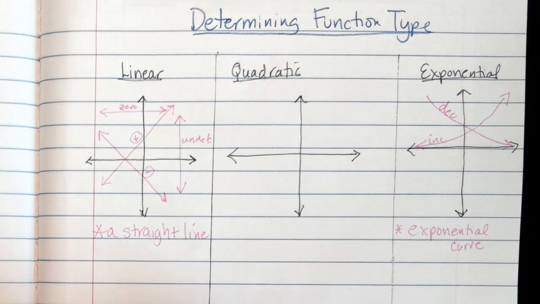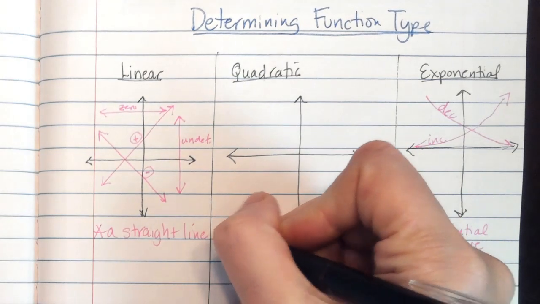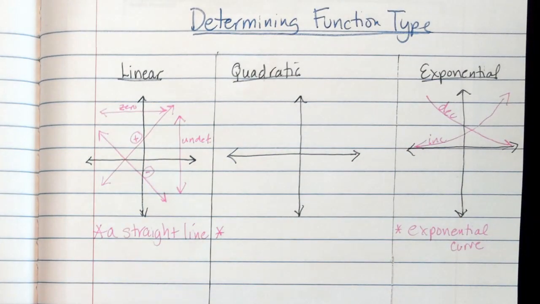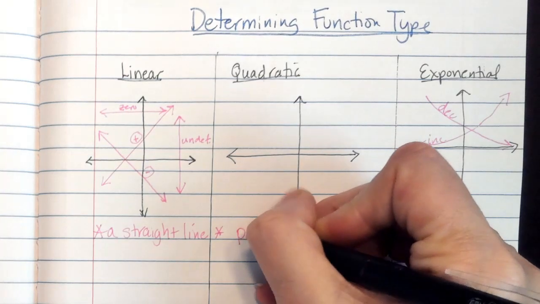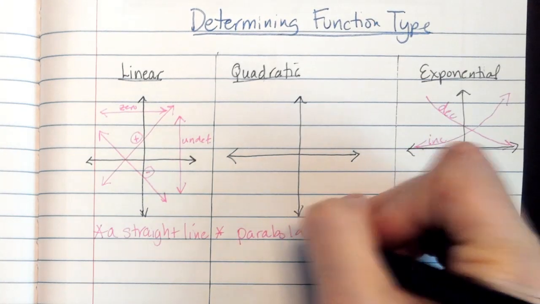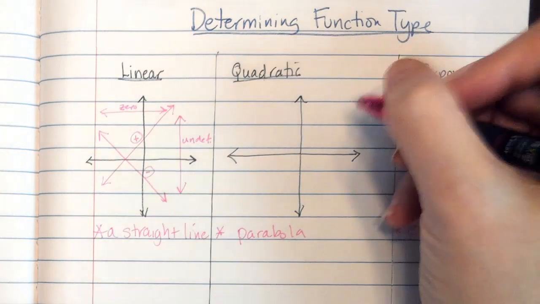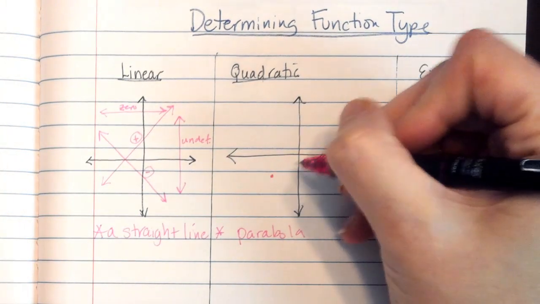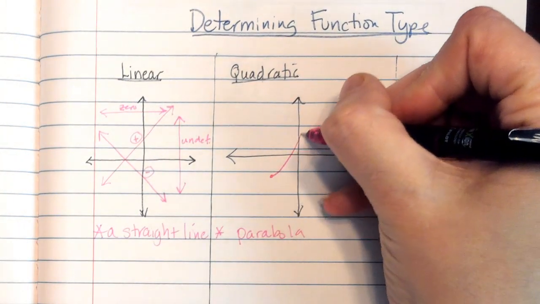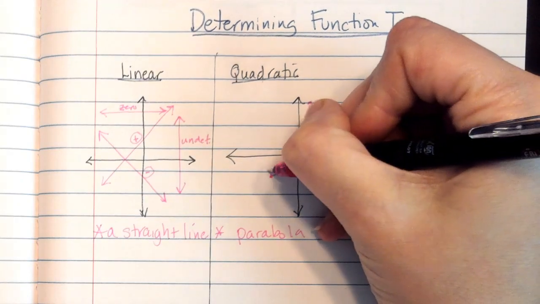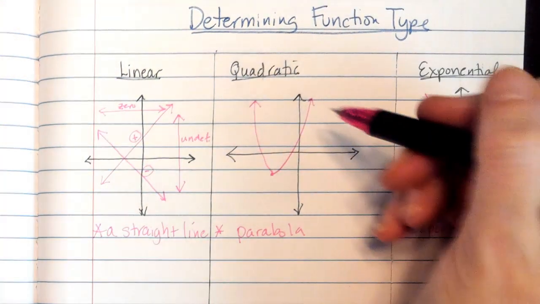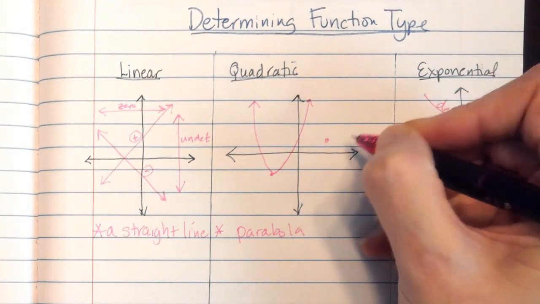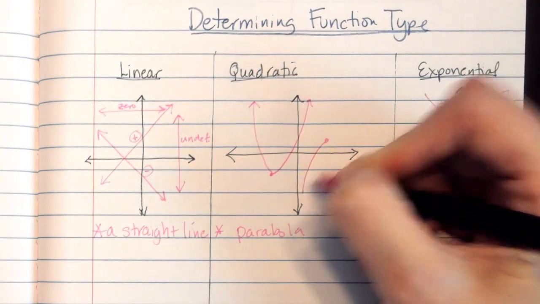The new thing that we're learning right here is our quadratic function, and what we call a quadratic function is a parabola. For us, what that looks like is it starts at a point and it increases in both directions. I know it doesn't look like it, but they are symmetrical.